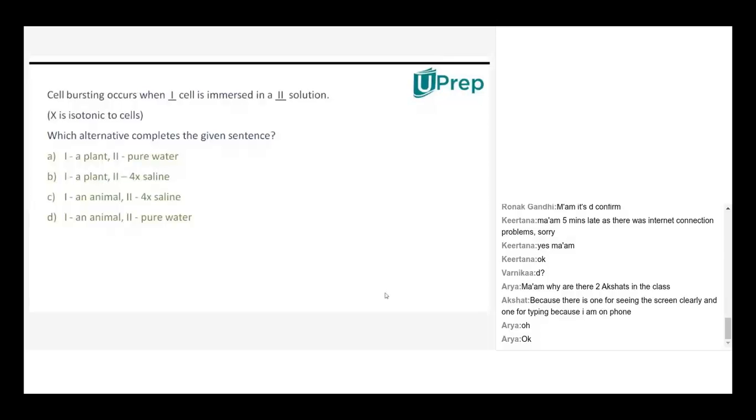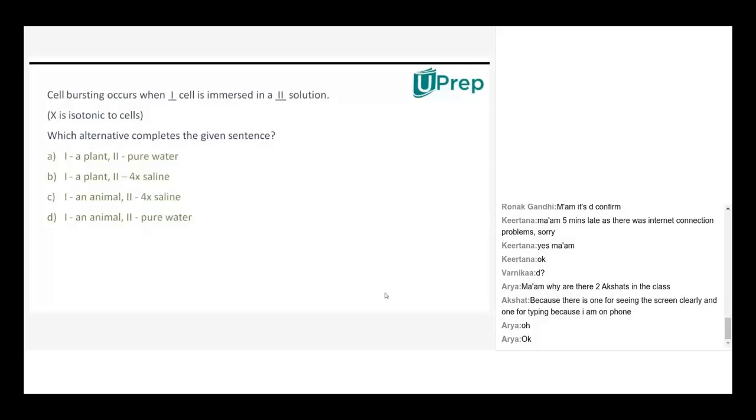So the outside pure water will come inside the animal cell, the animal cell size increases, it gets swollen up and the cell bursting happens.